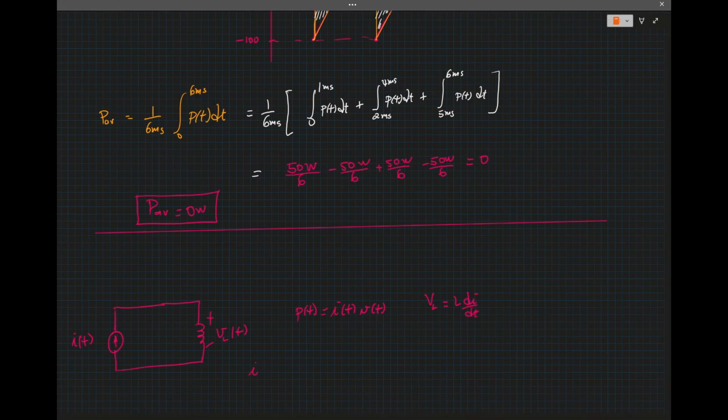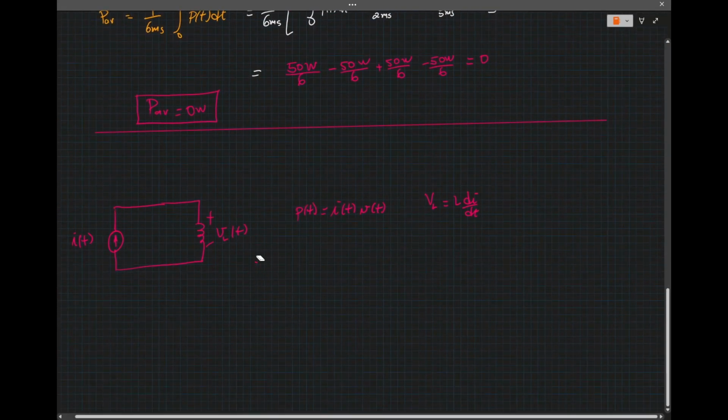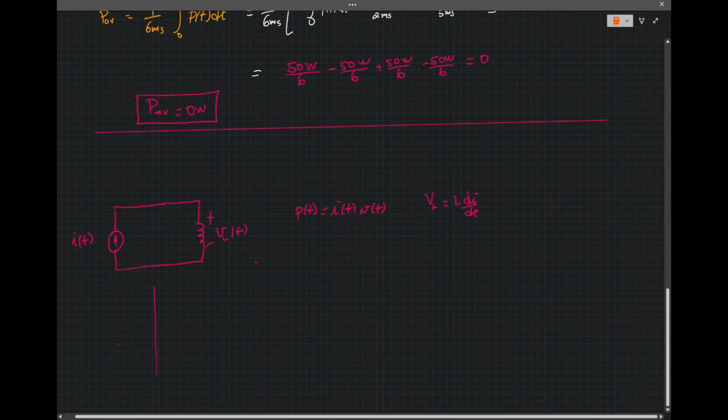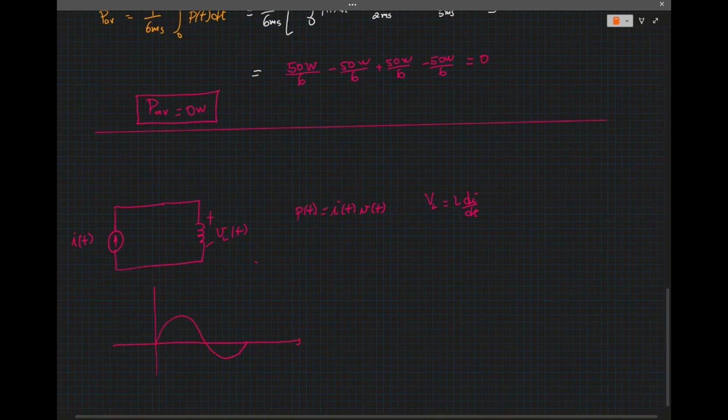So if the current is a sinusoid, let's say the current is given by a sine wave over one cycle, so that's a full cycle.